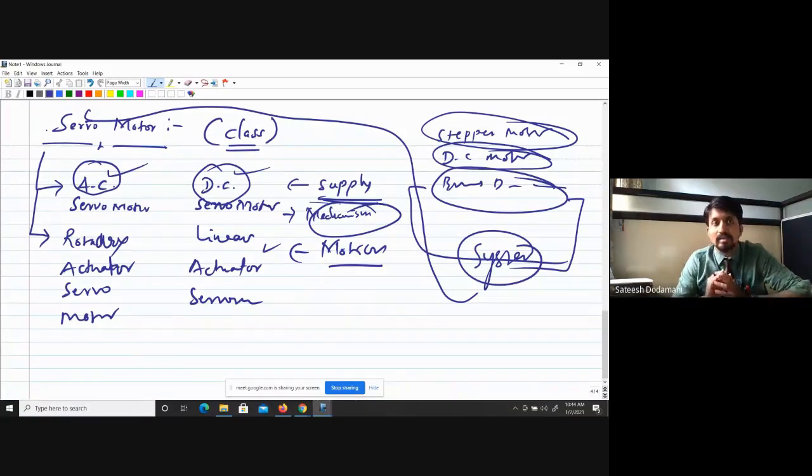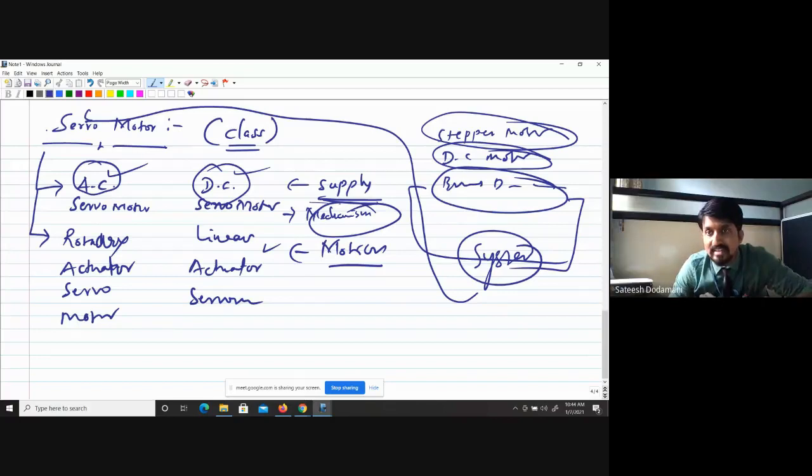That is the difference. There is no particular servo motor. Any one motor can be used as a servo motor. If you use that system along with that motor, then it is called servo motor. Clear?